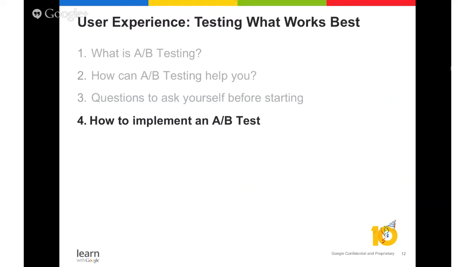So now you may be sold on the importance of A/B testing and understand how it can help you and what benefits it can bring to you. But you're probably wondering, how can I actually implement this test? It's great that it's going to help me, but how do I actually do it?